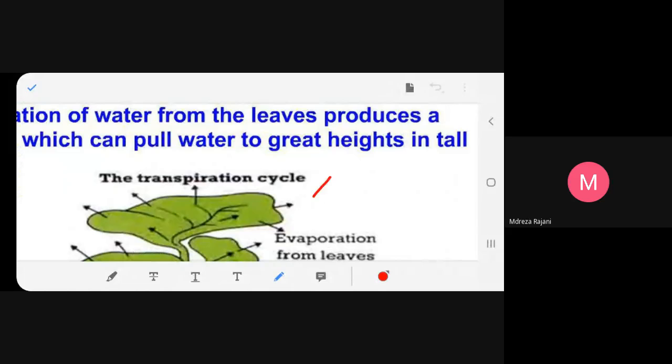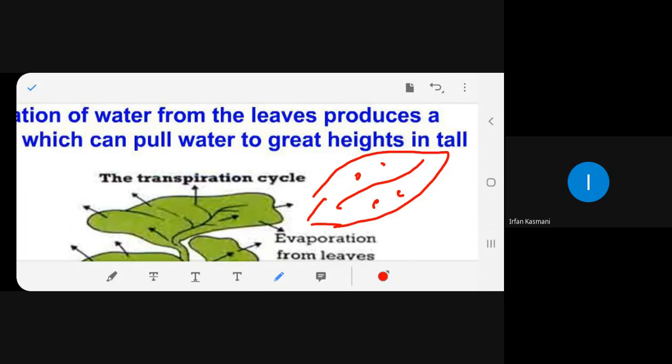Now this is leaf. So I told you, you get these dot-like structures through which the water is evaporated. Right? Now this is how it looks like, kidney shaped.